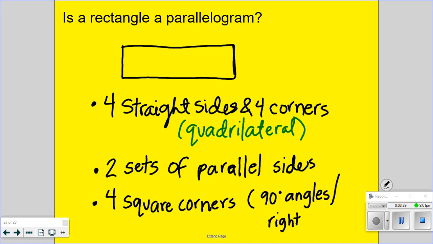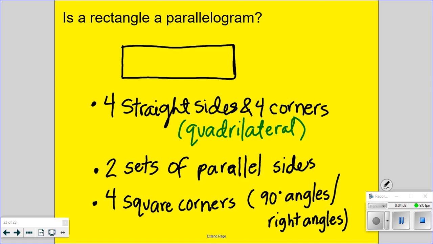All of those words are talking about the same thing. They're talking about square corners, those special corners that we looked at. So now we've got our rules for a rectangle.